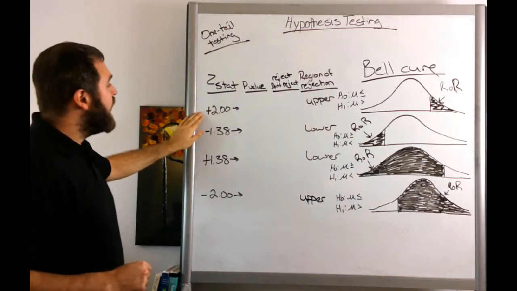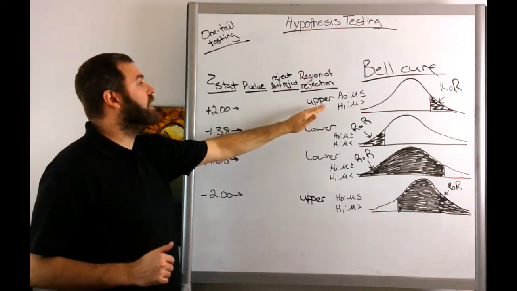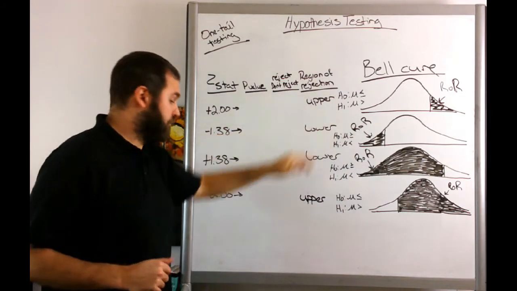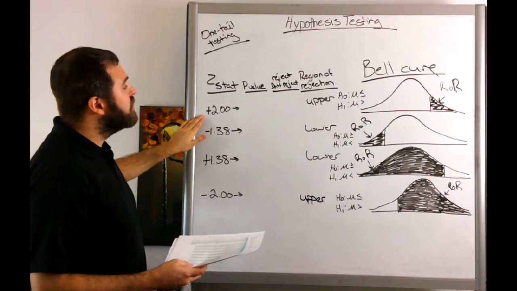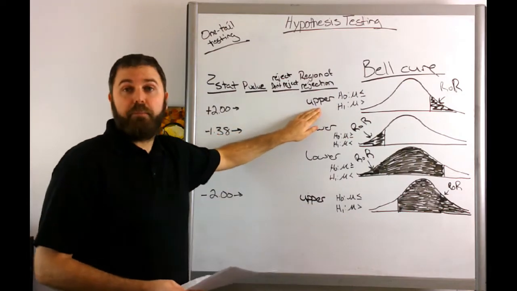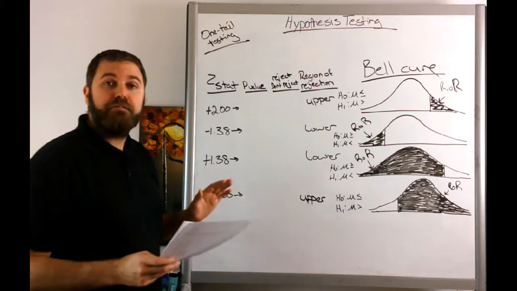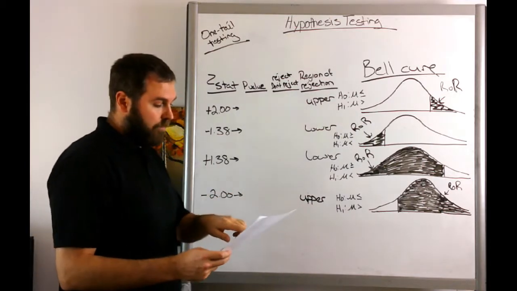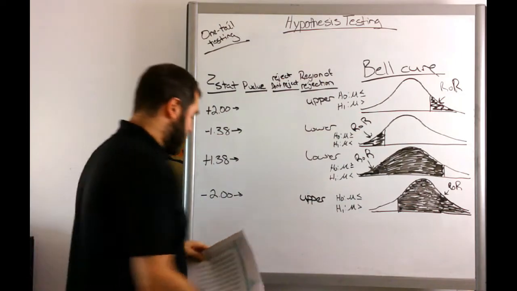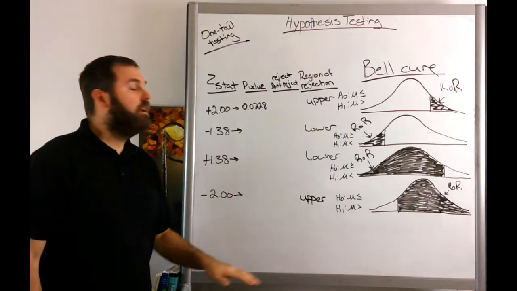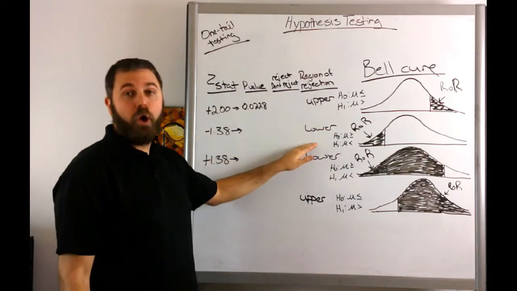So at a z-stat of positive 2, what is our p-value in an upper region of rejection? With 2, because it's upper, we look up the inverse, so we're going to be looking up negative 2. So negative 2 on our z-table corresponds to 0.0228. So now we're going to look up negative 1.38 on our lower.